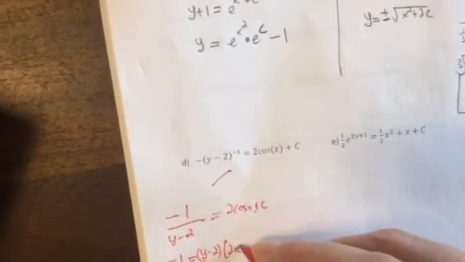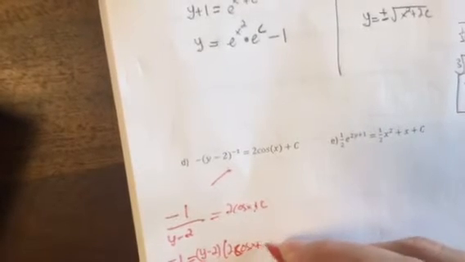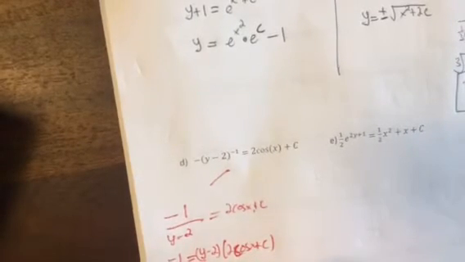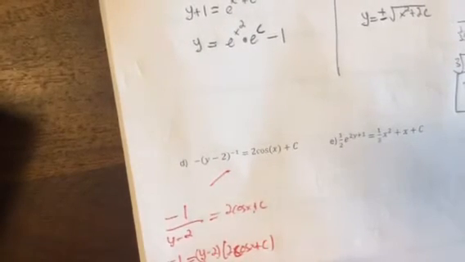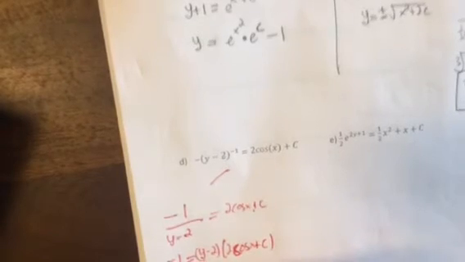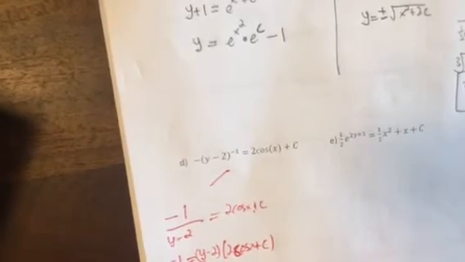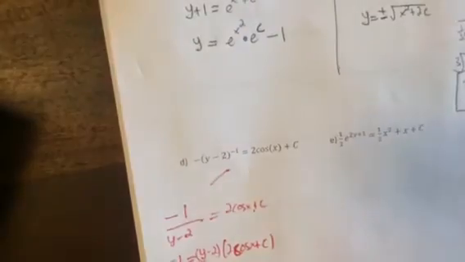We have to multiply the whole side. And then to get y by itself, we need to divide by what it's multiplying by. And then add the 2. So -1 over 2 cosine of x plus c plus 2 equals y.